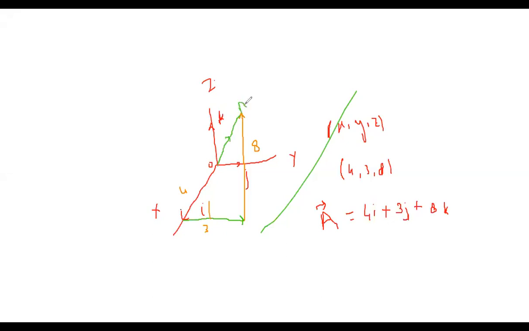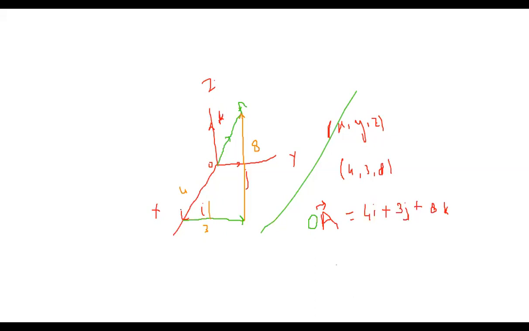So student, you can see clearly that in the green color, OA means vector A is shown over here. You can write OA, or you can write A only. So 4i plus 3j plus 8k is a vector. This was an example of a vector in three dimension.